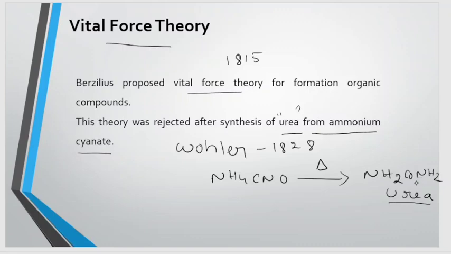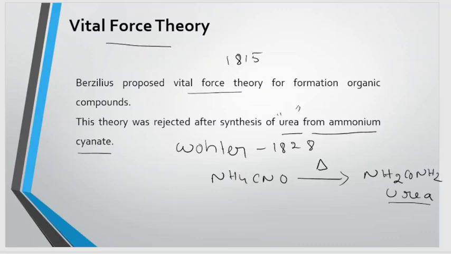Thereafter, scientists attempted to synthesize organic compounds, and many were successful. So the Berzelius vital force theory was rejected, and the first scientist to synthesize an organic compound was Wohler.